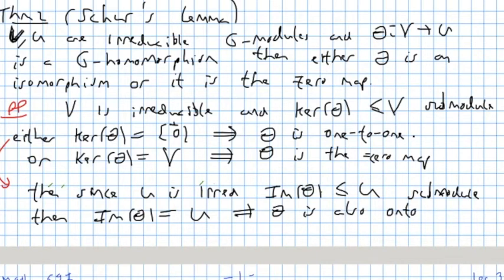Okay? So now theta is 1 to 1 and onto, so theta is an isomorphism. Okay? And that finishes the proof. So next time we're going to see some formulations and corollaries of Schur's lemma, say for matrix representations and commuting matrices.